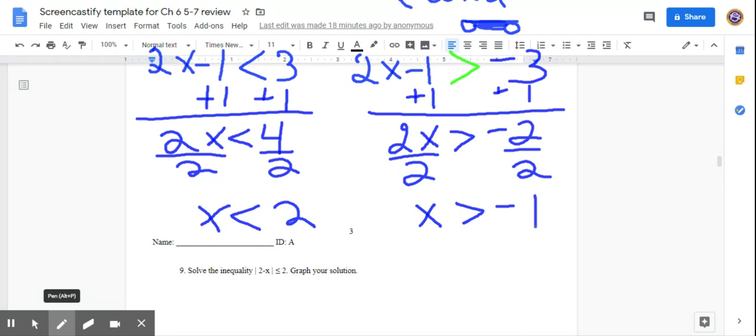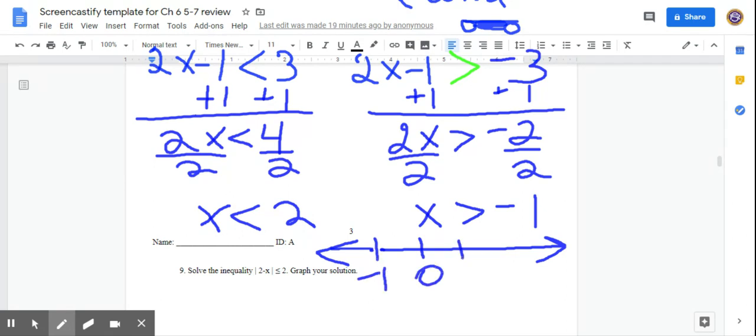Now if we graph it, we need our 0, -1, and 1, 2. Okay. All right. So x is less than 2. So I'm going to put an open circle on my 2 because it's not included.